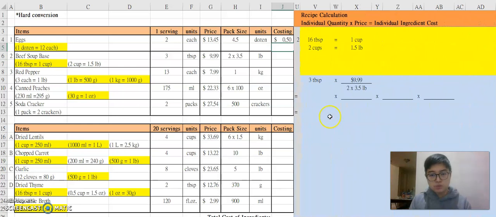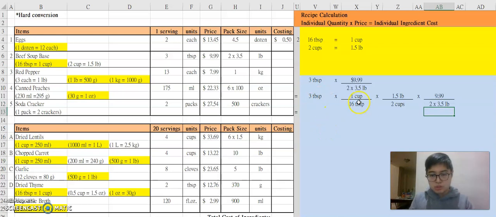Okay, the second one is similar. 3 tablespoons, because 16 tablespoons is equal to 1 cup, and then 2 cups equals 1.5 pound. And this is the original recipe calculation, 9.99 for 2 times 3.5 pound.